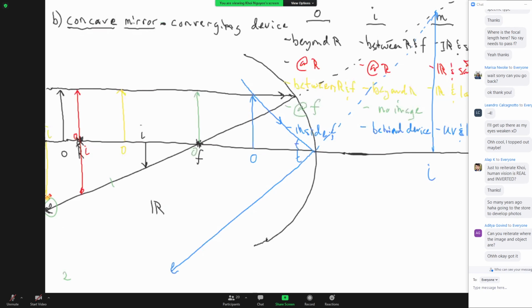And if it's on the same side, then you're going to have a virtual image. So it's flipped. It just has to deal with the nature of reflection versus refraction. Reflection for mirrors, refraction for lenses. Okay.